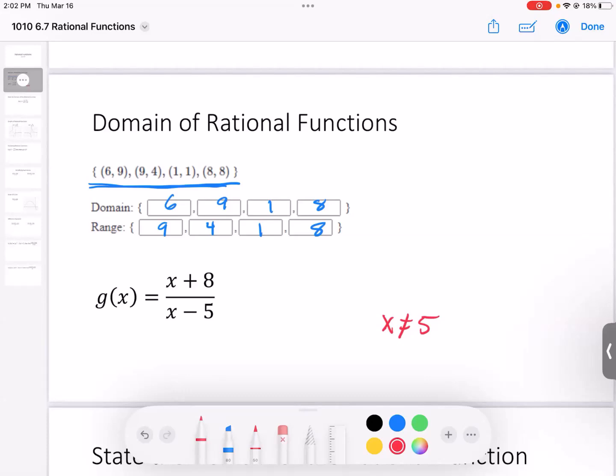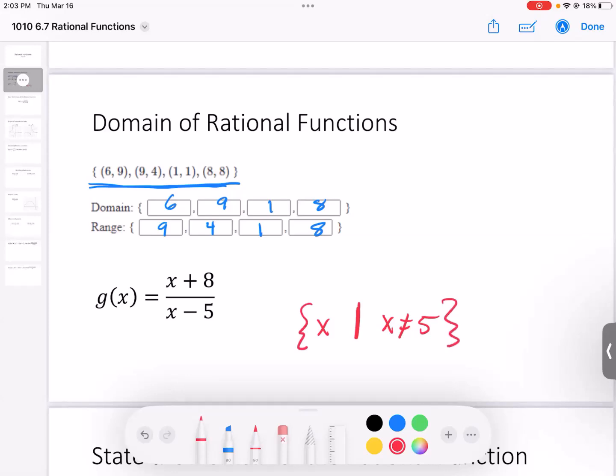Perfect. Yep. So the main restriction on a rational function domain is that you can't plug in a number that would create division by 0, because if you were to plug in a 5, you'd get 13 divided by 0, which is an undefined number. And so there would be no output for that. So the domain for this function would basically be all possible x's, any x that you could think of, as long as, and it's usually written in set notation.